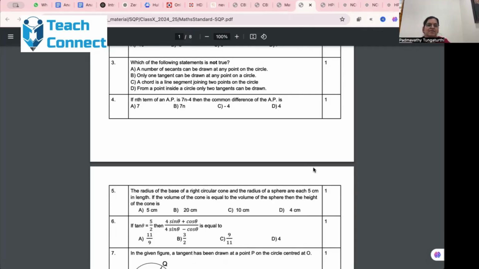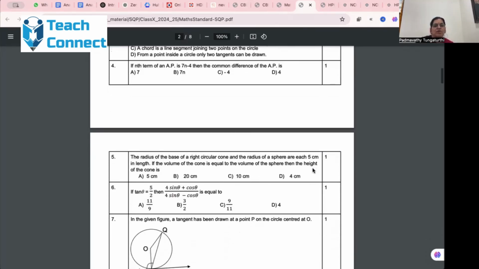That's how we can see that A, B, C are the right statements and D is the only wrong one, because any number of secants can be drawn at any point on the circle. Yes, we can draw any number of secants at any point on the circle.